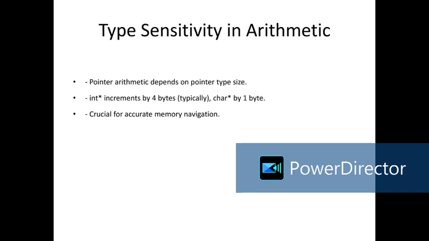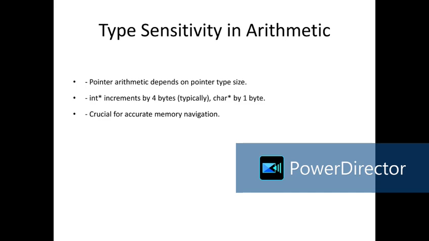Type sensitivity in arithmetic. Pointer arithmetic is type sensitive. That means the amount added or subtracted depends on the pointer type. Let's compare int *ip and char *cp. ip++ adds the size of an int, usually 4 bytes. cp++ adds the size of a char, always 1 byte.